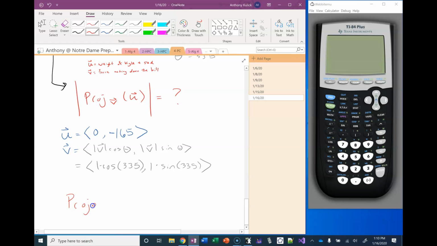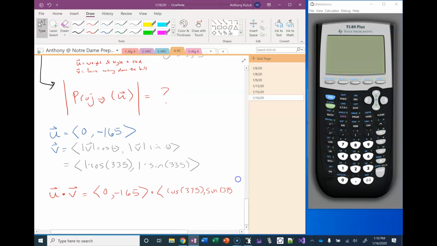So if I go back here to my projection formula, let's do it in steps. So if I do u dot v, it's going to be 0, negative 165 dot cosine 335, comma sine 335.